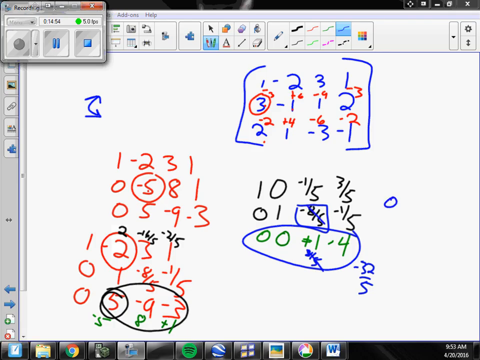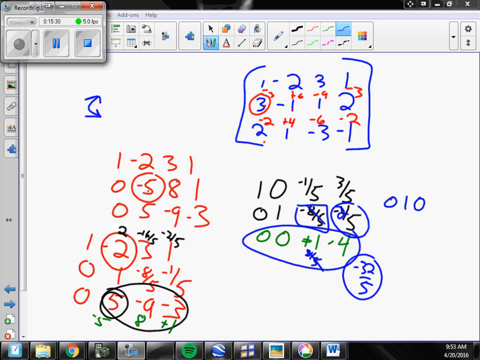So 0, 1, 0. And then when I add negative 32 over 5, that didn't quite work. I'm having a bad day. Bad 2 days. 4. Oh, sorry, this was supposed to be a 2/5.